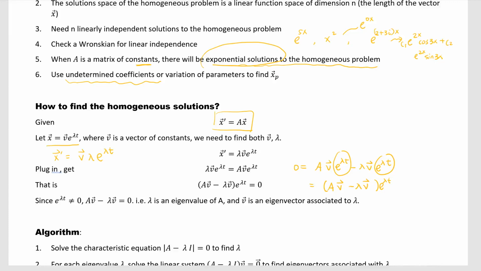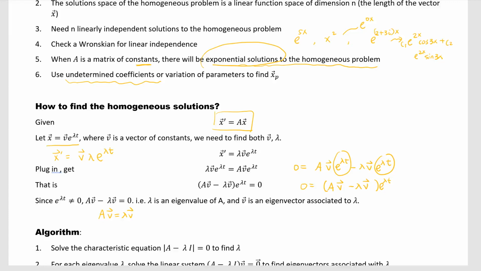Because the exponential term is never 0, the only way to make this equal to 0 is to have Av minus lambda v equal 0. Well, what does that mean? Av minus lambda v equals 0 is the same as saying Av equals lambda v. It means that lambda is an eigenvalue for A, and v is an eigenvector associated to lambda.